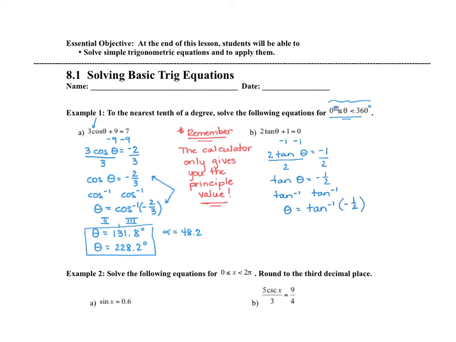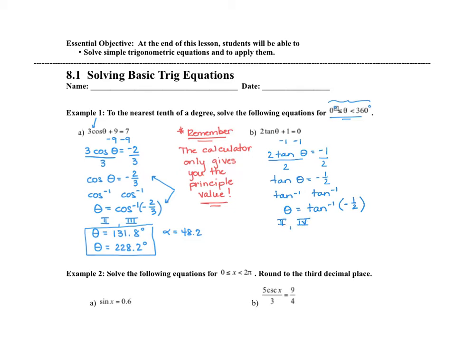Again, that question is asking you, at what angle is the tangent -1/2? And again, that's not something that comes off the unit circle. So we're going to use our calculator again. What we do know is the tangent is negative in quadrants 2 and 4.